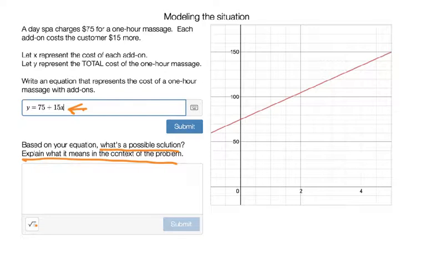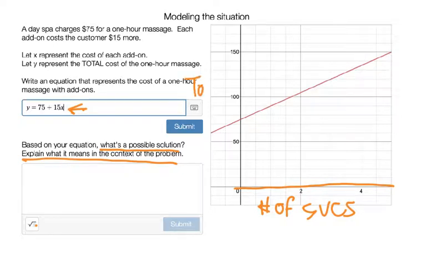Down here, the X line represents the number of services that I get, and this is the total cost on the Y. I can look at that and go, oh, here's my y-intercept right there. This is that $75 that costs a basic 1-hour massage.